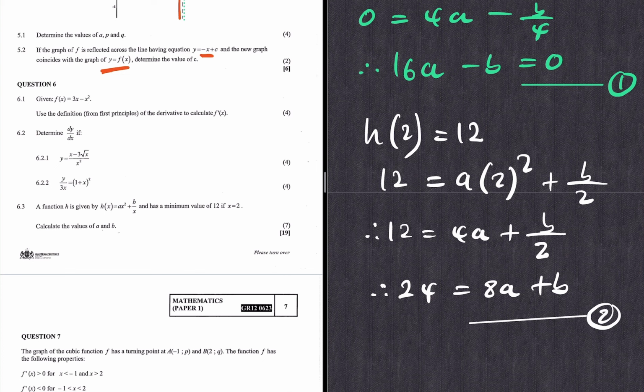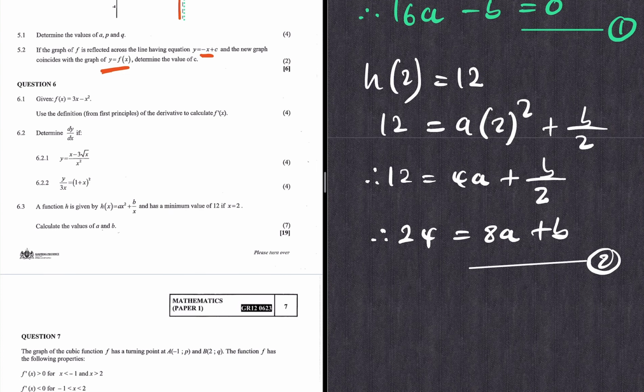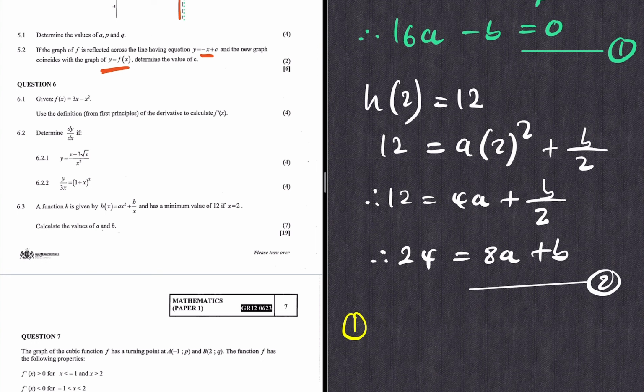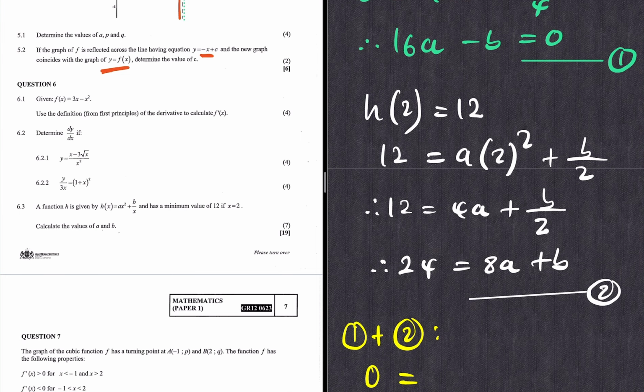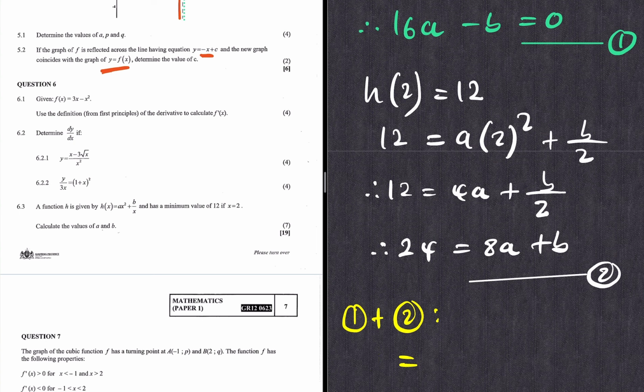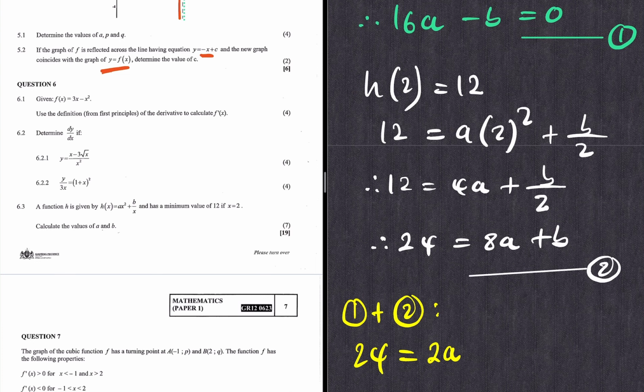Let's add equations 1 and 2, using elimination. 24 plus 0 is 24, and 16a plus 8a is 24a, and minus b plus b is 0.